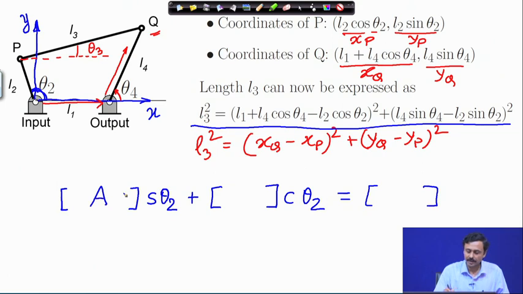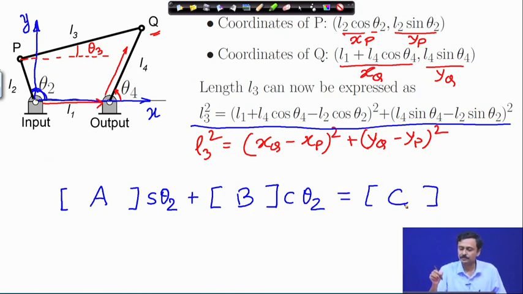I will call these A, B, and C. If you open this up, you can do this manipulation and finally come to this form which we have seen in the previous lecture.